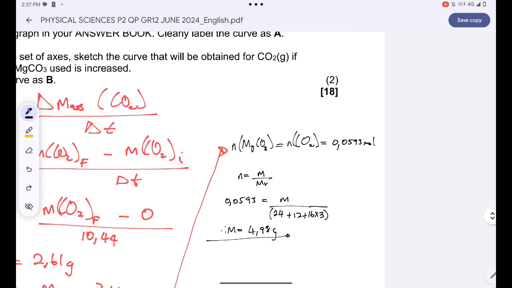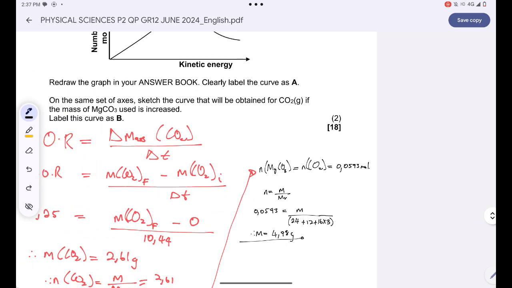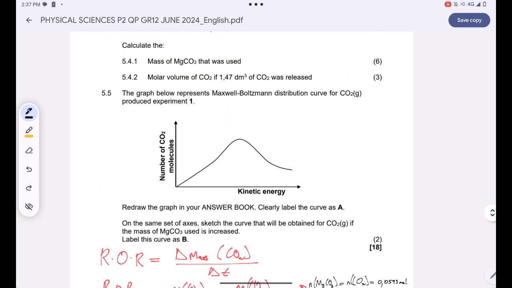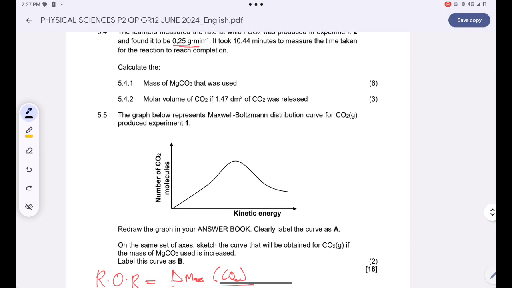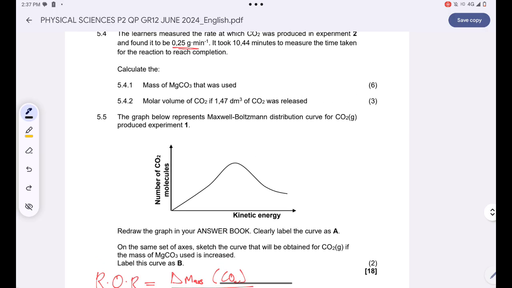So the mass of magnesium carbonate that was used is basically 4.98 grams. That's the amount of magnesium carbonate that was used to form our carbon dioxide in 10.44 minutes.